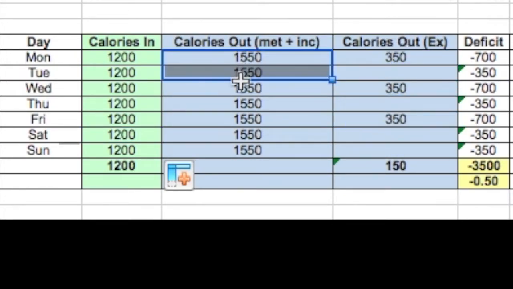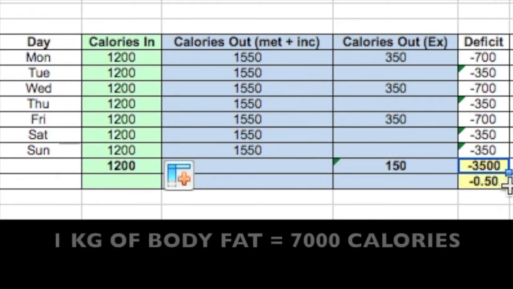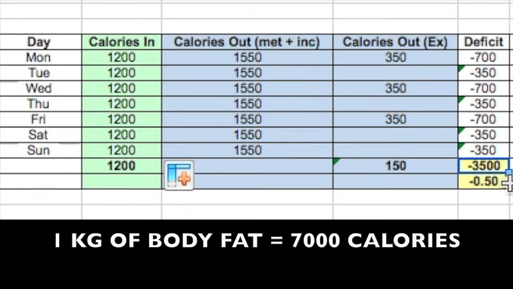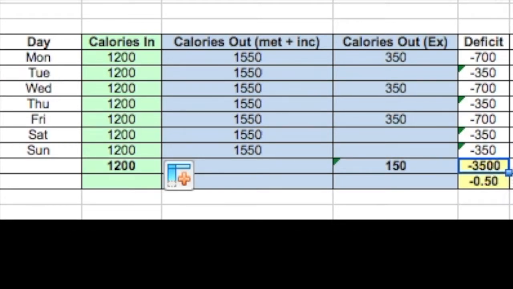We're alive, so our metabolism is always working. And if we look at our prediction, we're exactly 3,500 calories in deficit. If you remember, 7,000 calories is 1 kilo of body fat. That's exactly half. That was just actually, I didn't mean to do that.